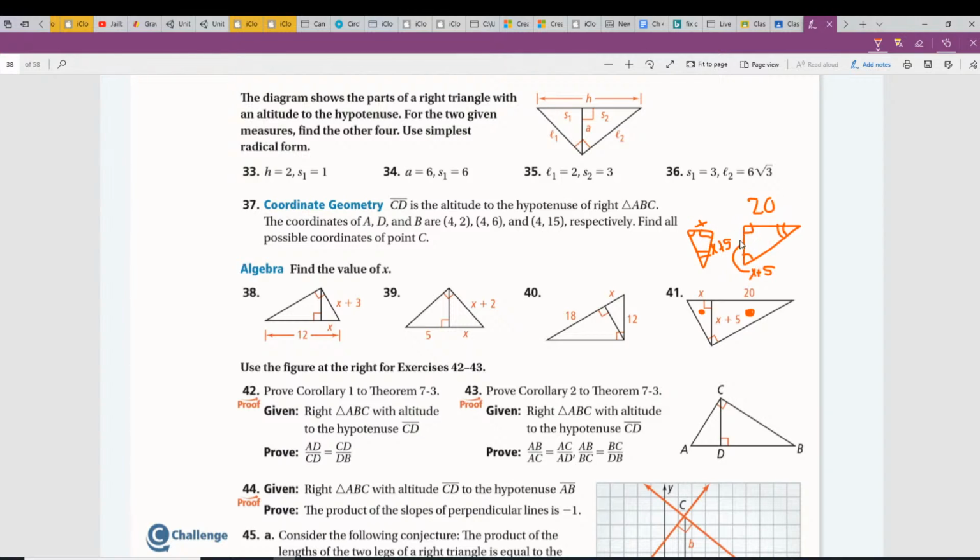So the right angle and one tick, this side right here, we're going to go with the bigger side, this bigger angle. x plus 5 divided by x, because they're corresponding, equal to 20, which is right here, double tick and right angle. So double tick and right angle, it shares x plus 5.